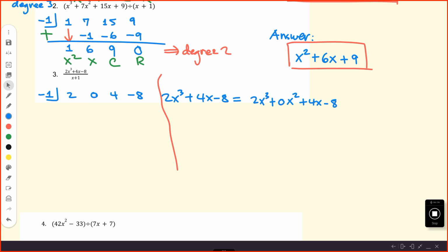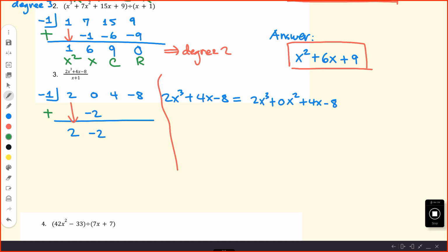Okay, so 2, 0, 4, negative 8. And then you do that. Okay. So we're going to bring down or drop the leading coefficient, which is 2. And then we multiply. Negative 1 times 2 is negative 2. And 0 plus negative 2 is negative 2.